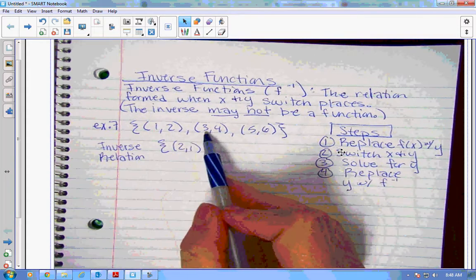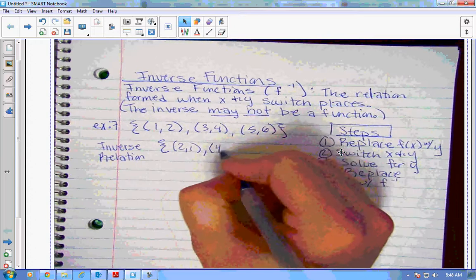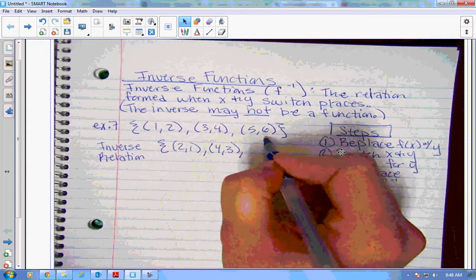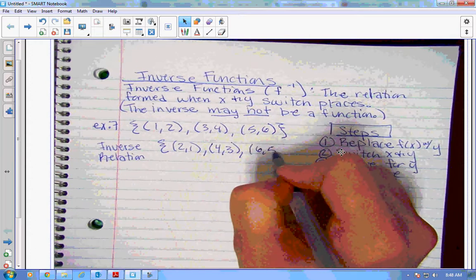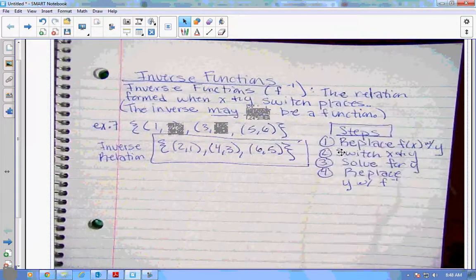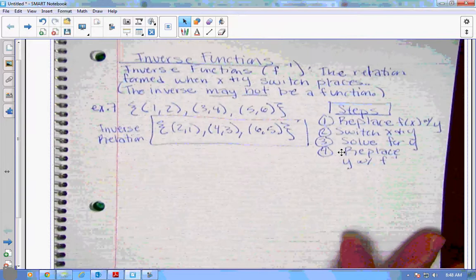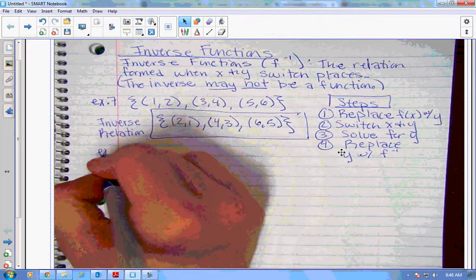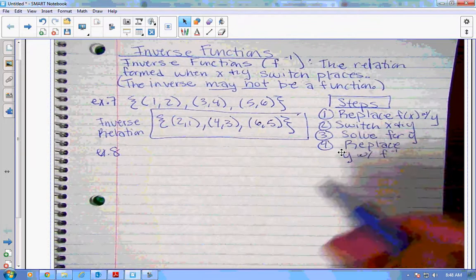See how easy that is? 3, 4 becomes 4, 3. 5, 6 becomes 6, 5. So on the graph even, the x's and the y's are literally switching places. Okay? But if we're doing it with a function, we're going to follow these steps listed right here.